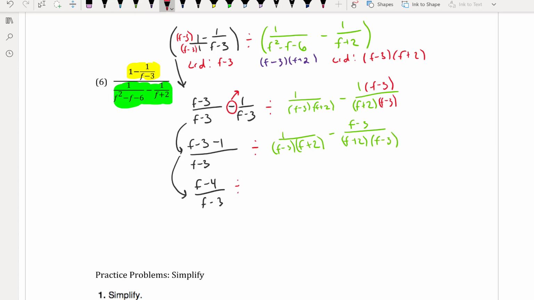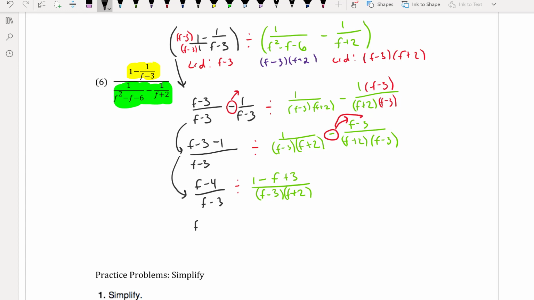So now I'm going to combine like terms. And remember, when I take this negative, it distributes to that numerator. So I'm going to have 1 minus f plus 3 over f minus 3 f plus 2.